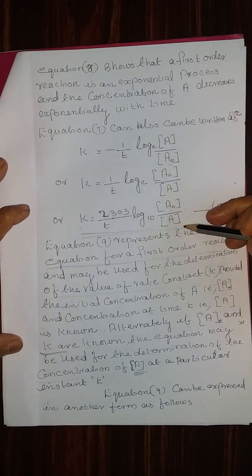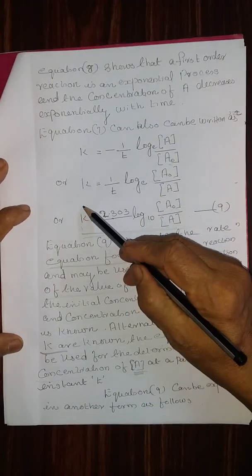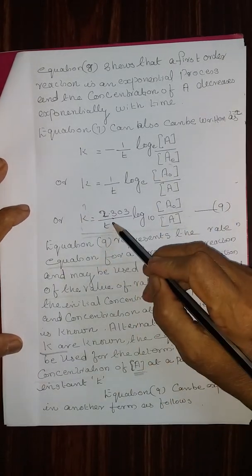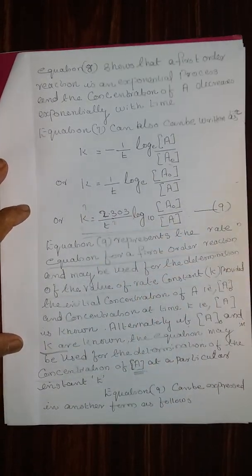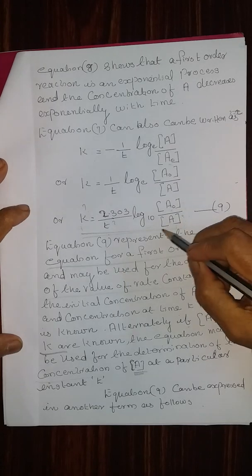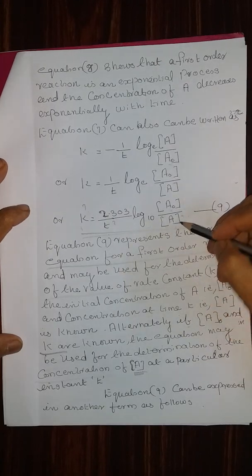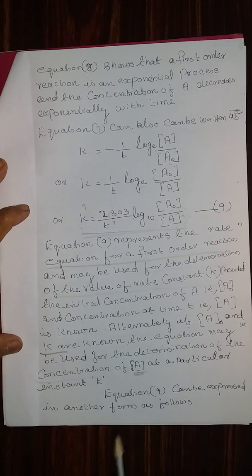Based on this first order equation, sometimes they will ask you to determine k. Sometimes they will ask you to determine t. Sometimes they will ask you to determine the final concentration after a time t.